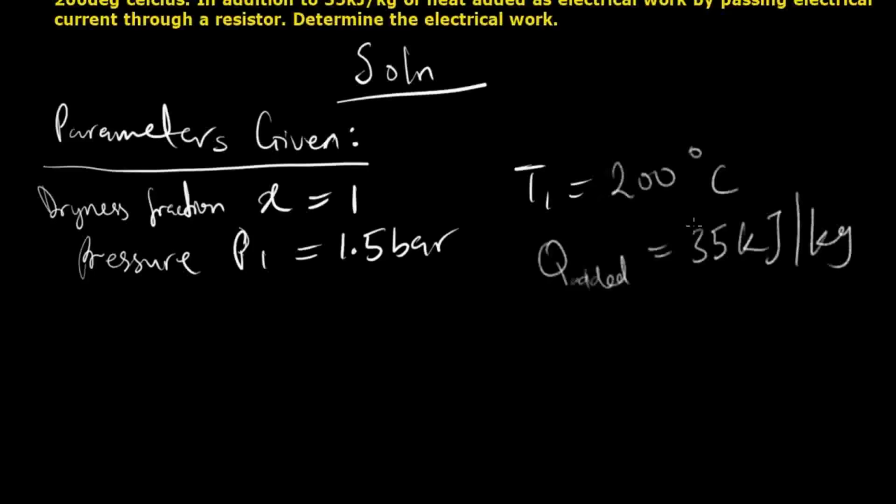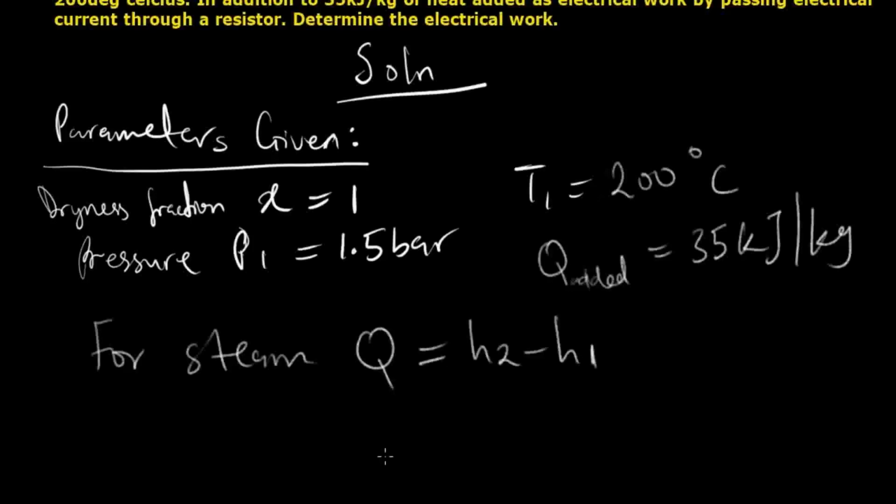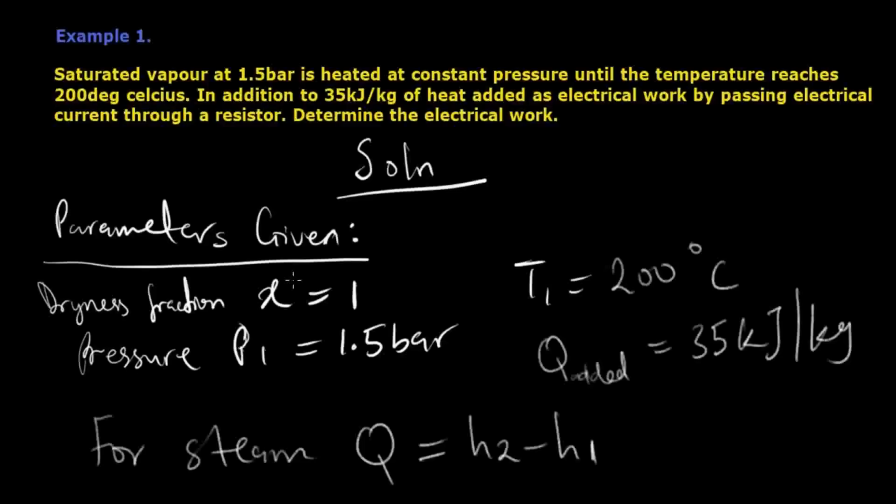So you know that from what we proved in the other page, for steam heat is equal to H2 minus H1. So how do we get our enthalpies?